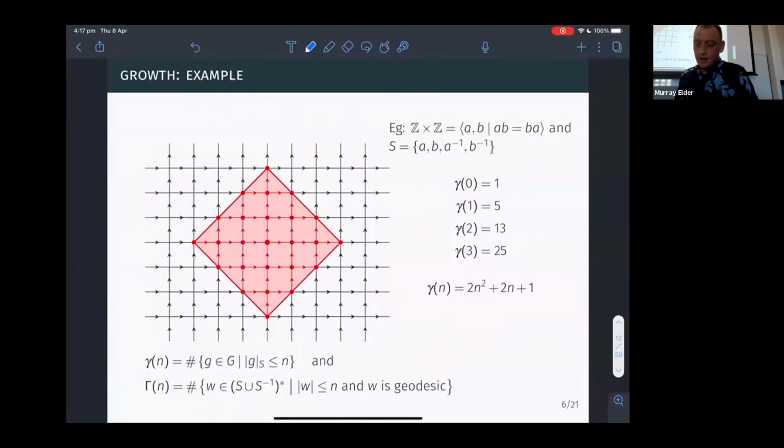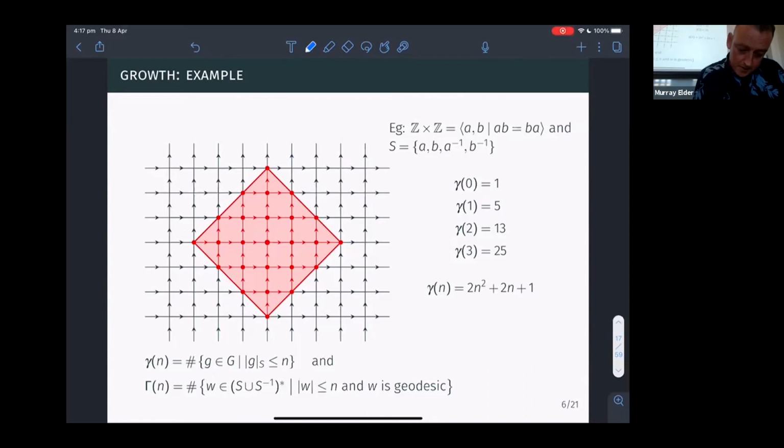Some nice pictures, and we get a polynomial function for the number of different group elements in that diamond shape as you get bigger and bigger. So that's the little gamma, the number of group elements you can express going distance at most n.